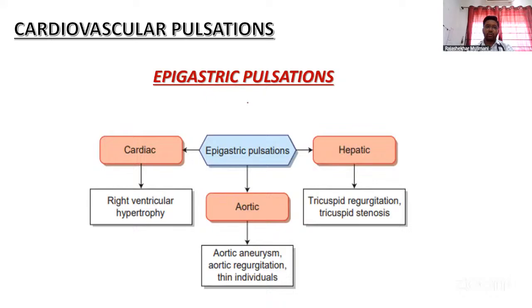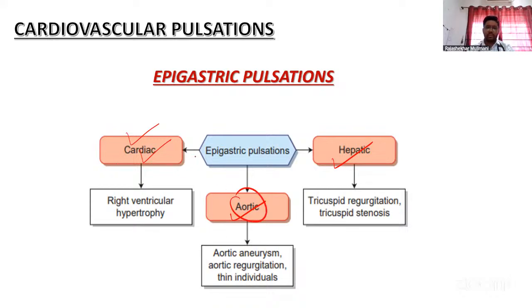And next, you are going to look for the epigastric pulsations. Epigastric pulsations can be due to cardiac pathologies, it can be due to aortic pulsations, or sometimes hepatic pulsations related to tricuspid regurgitation, tricuspid stenosis, etc. But the main reasons for epigastric pulsations are the cardiac and the aortic areas.